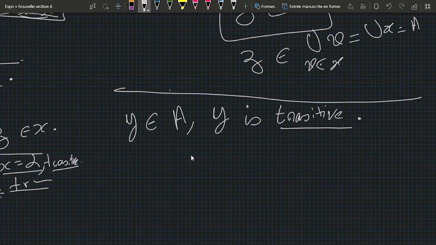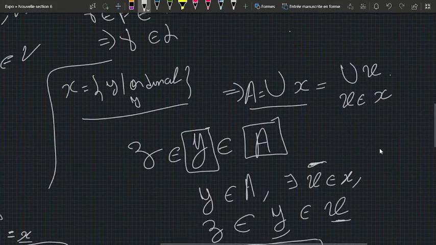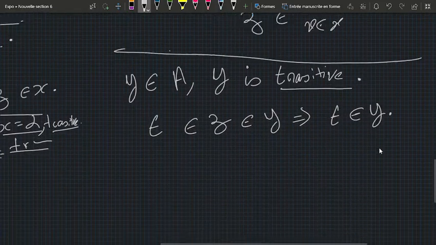So for Z in Y and for T in Z, this implies T belongs to Y. What we know is that X is a set of ordinals.